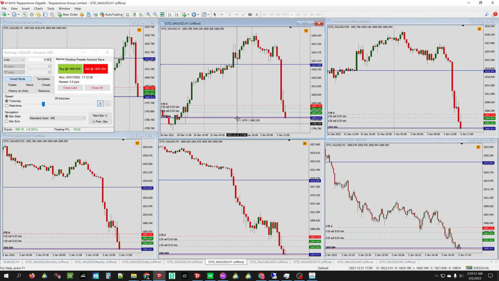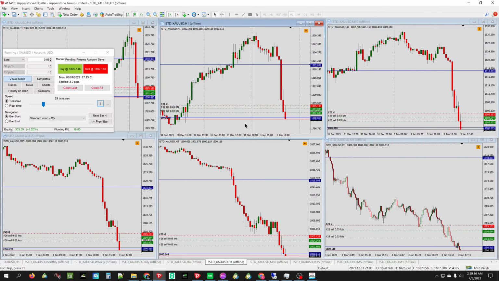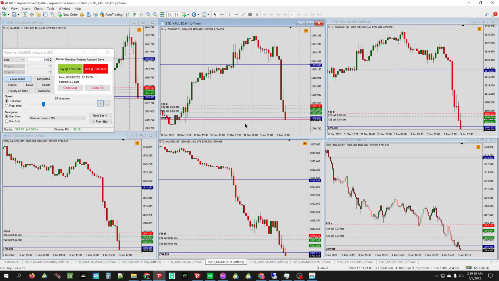Now if price approaches the 1798 area, I will again take profit at 1798 and manage my risk based on this M5 time frame. M15 candle is about to close. I am waiting for the M15 candle to close.